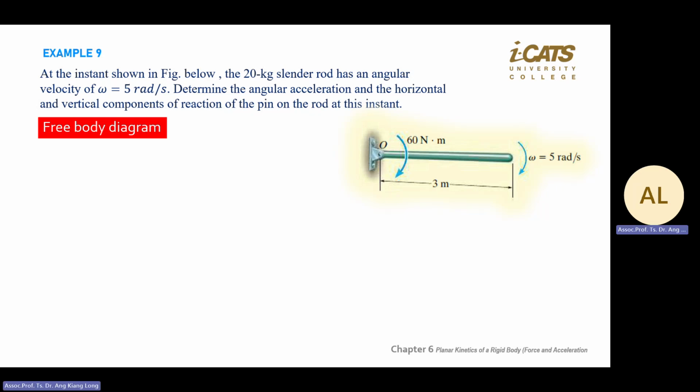So you should be able to draw the free body diagram. For the rod, you have the pin here. Pin O again, we assume go up, OY and OX, we just assume. W goes down at the center, and the distance is 1.5.